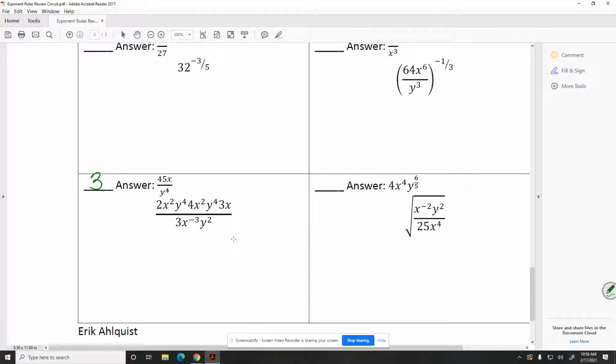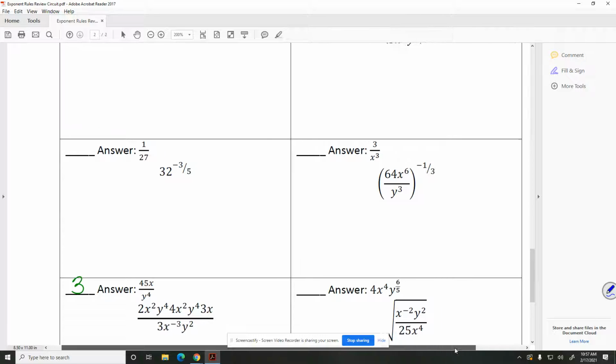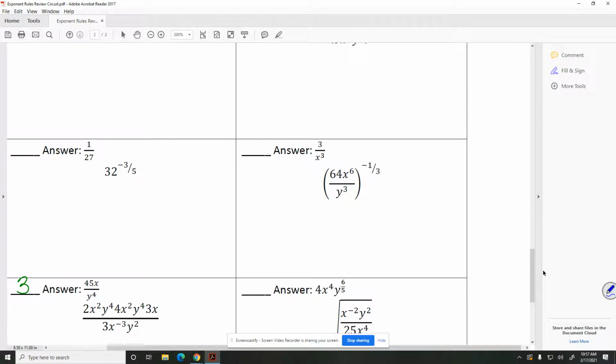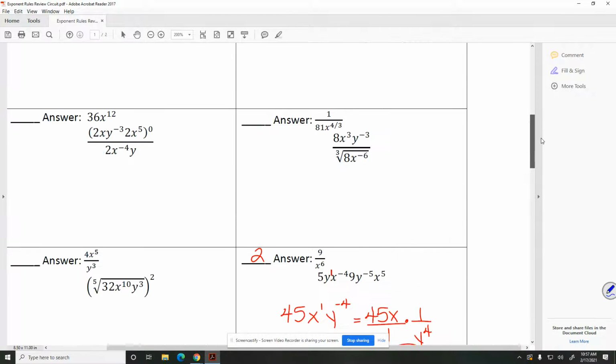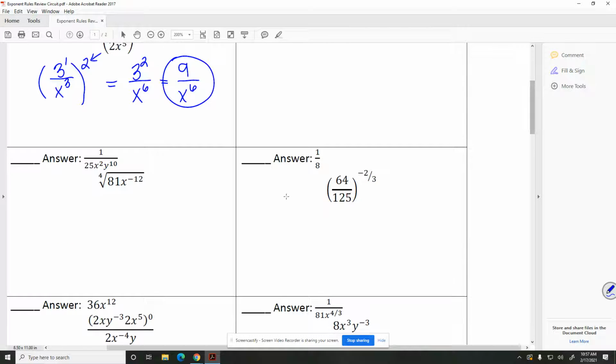Now, I am going to also do a couple of the harder problems for you. So I'm not going to tell you what number these are in the circuit. I'm just going to do them for you so that you have a few of the more challenging problems out of the way. So let me start with this one right here. Again, I don't know what number this is in the circuit, but we're going to go straight to this one.